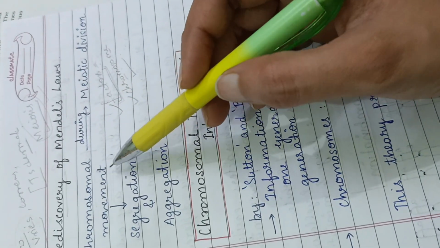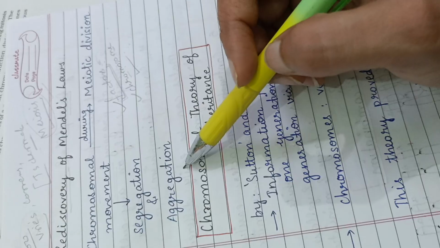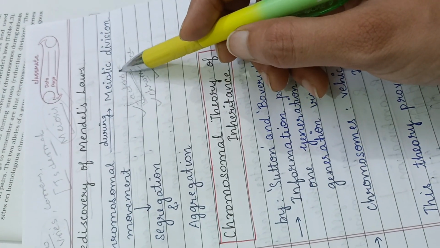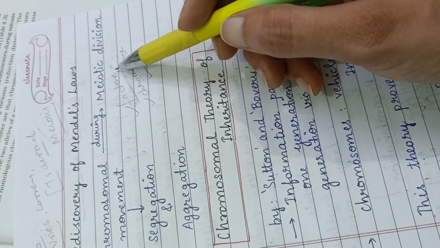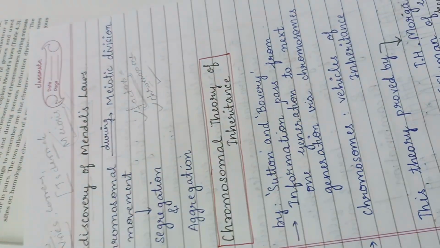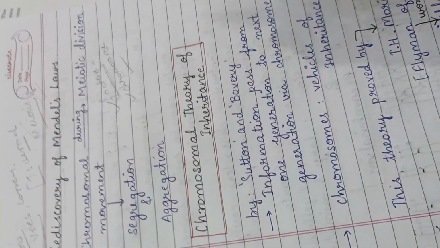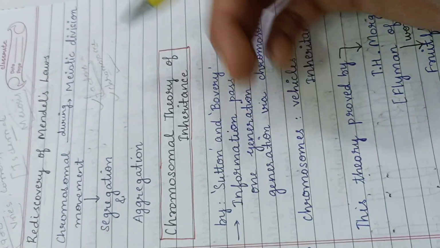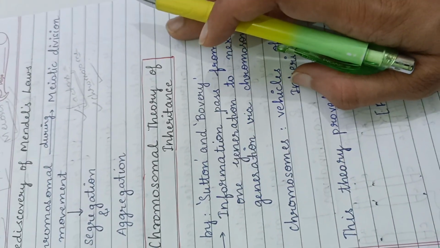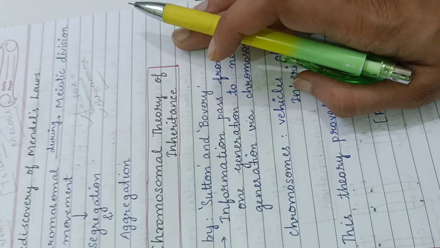So the chromosomal separation and aggregation during meiosis works similar to Mendel's genes. So this is the rediscovery of Mendel's law by these three scientists.